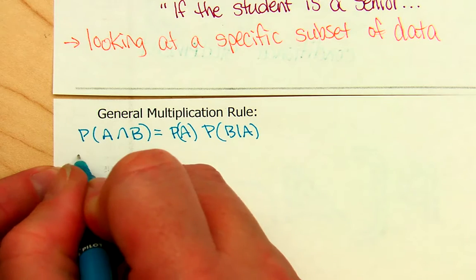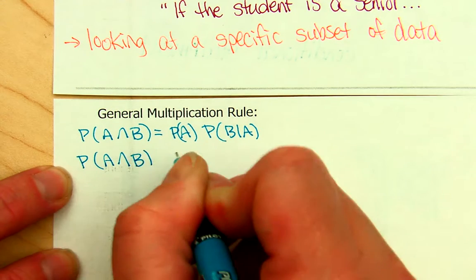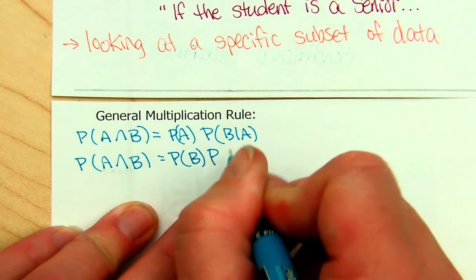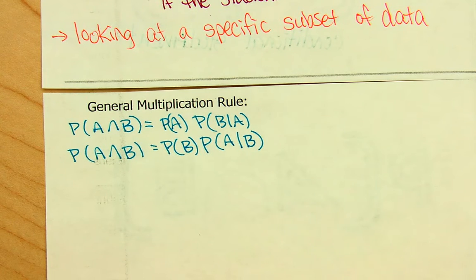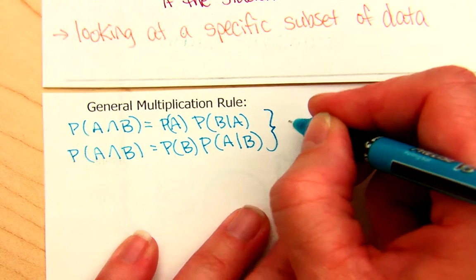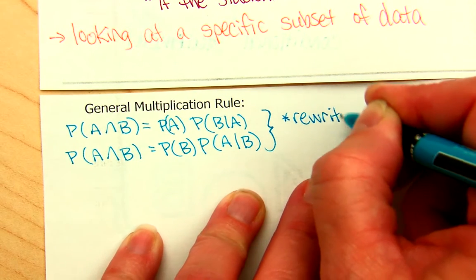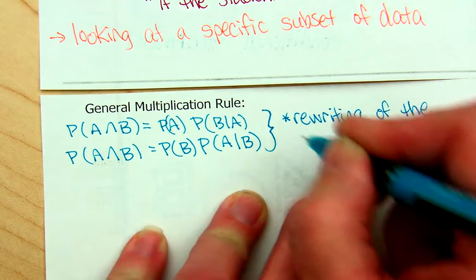Or, if we use the other formula, probability of B times probability of A given B. Right, multiplying them. So these are just a rewriting of the conditional rule.